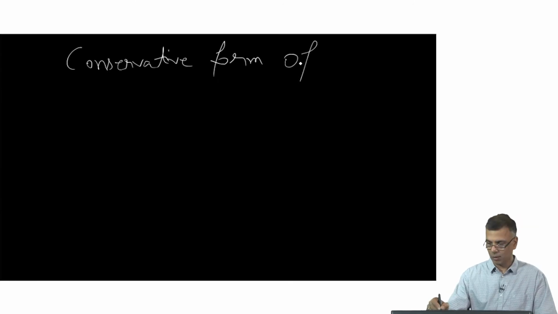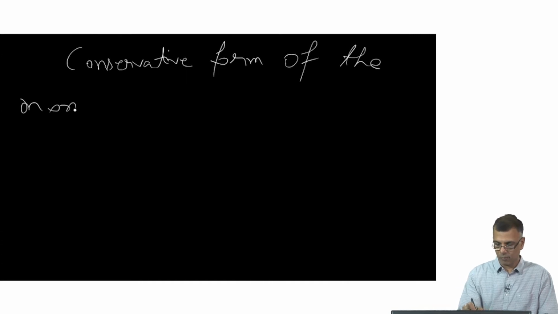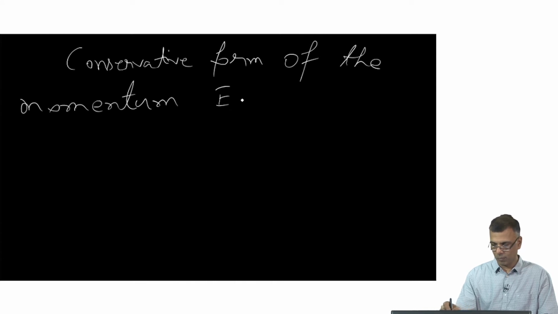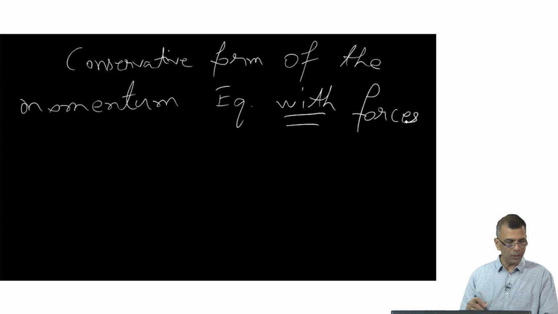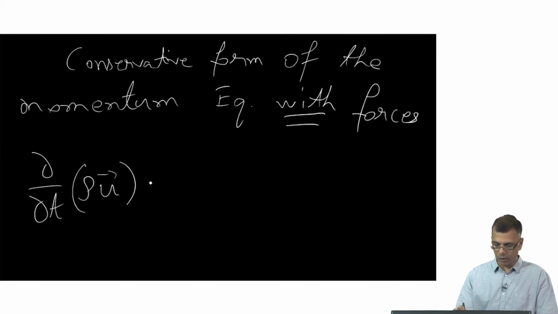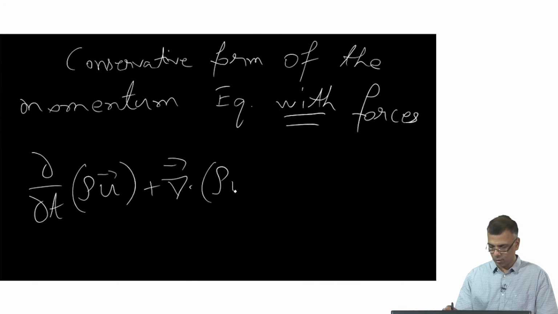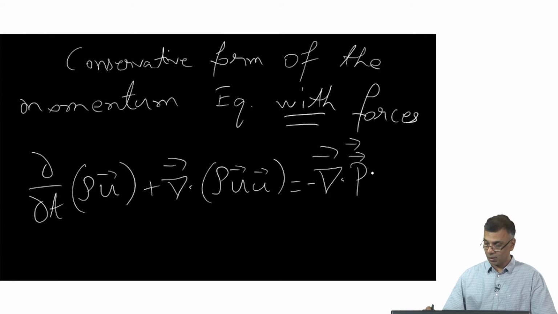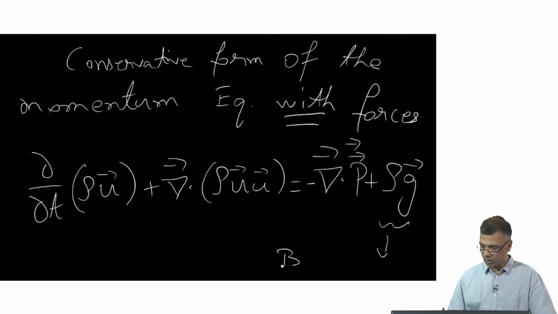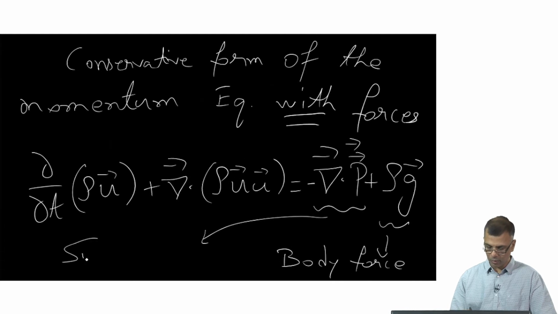The momentum equation with forces would be d over dt of the momentum density plus the divergence of the momentum flux equal to minus the divergence of the pressure tensor, where this would be representing the body force and this would be representing the surface force.